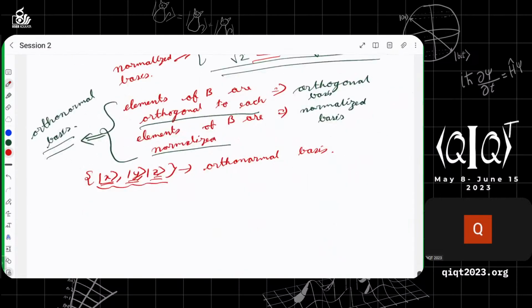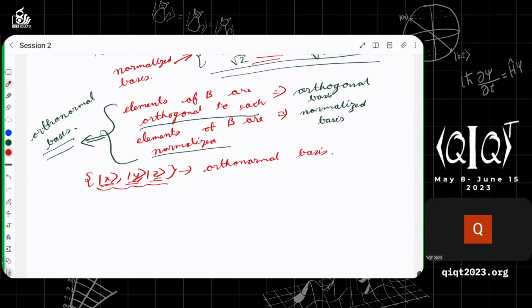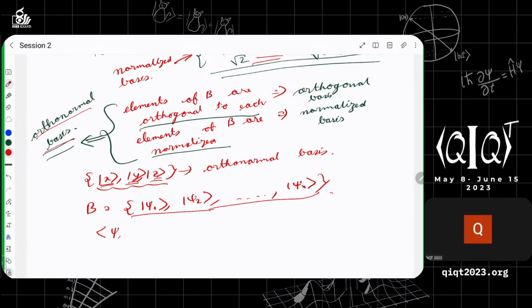All right. If the basis is orthonormal, say B is the basis psi 1, psi 2, up to psi n, then if i and j are not equal, the inner product <psi i|psi j> would be 0.